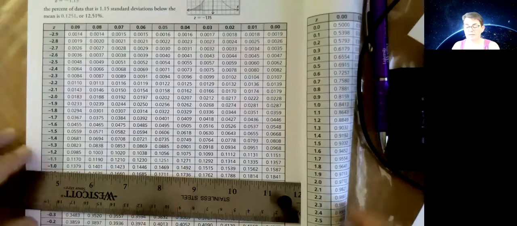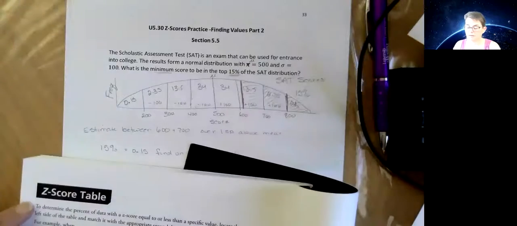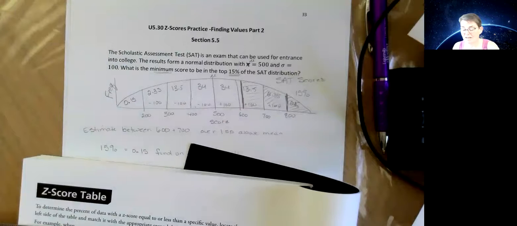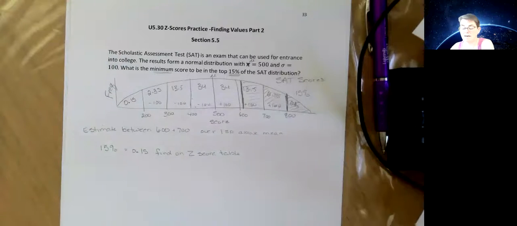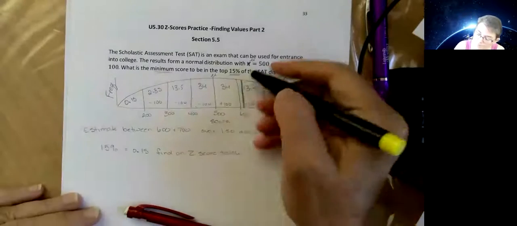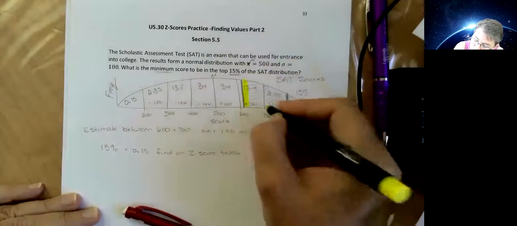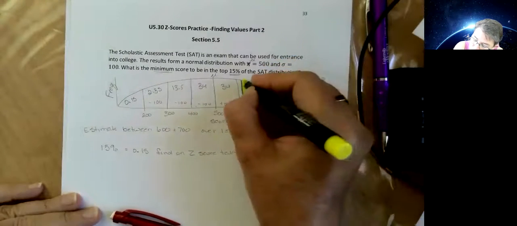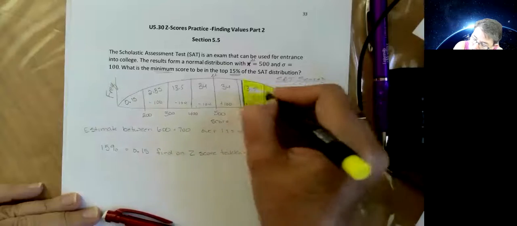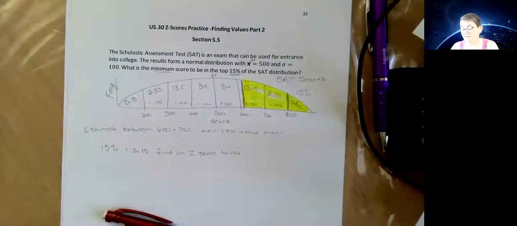When we looked at our picture, we said it was definitely going to be a positive one. Figured it out yet? Remember, that Z-score table is always giving us what's on the left.